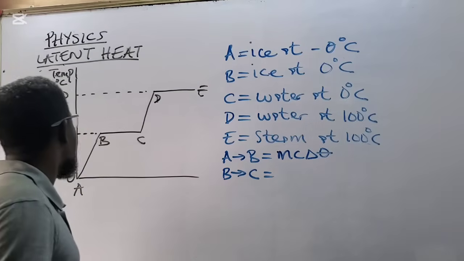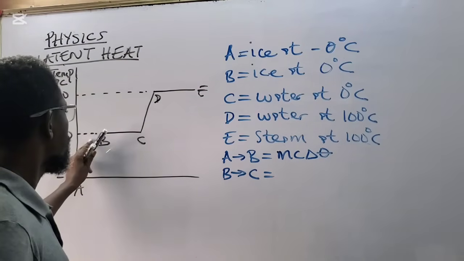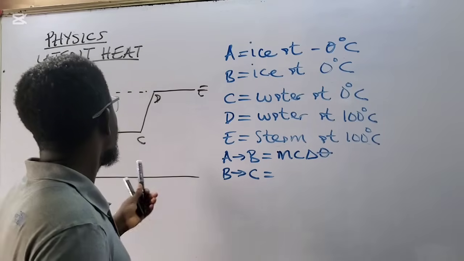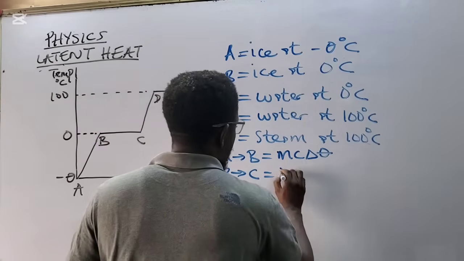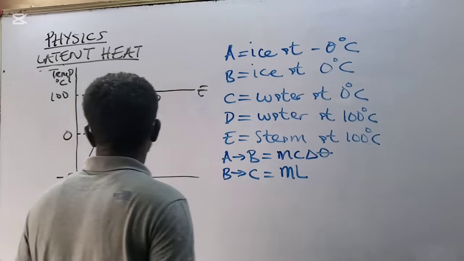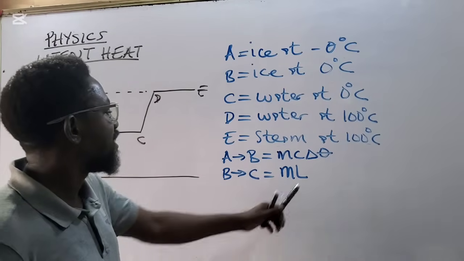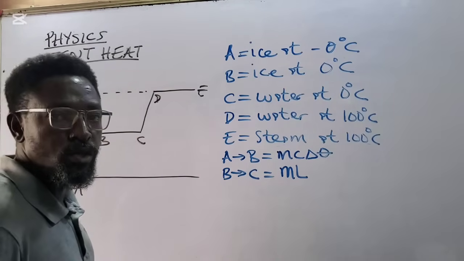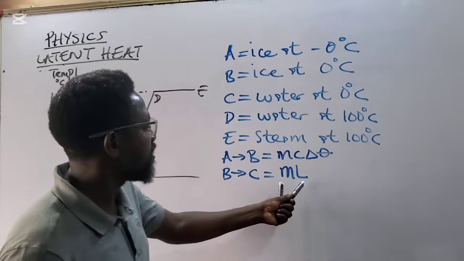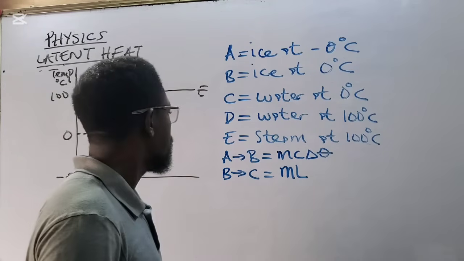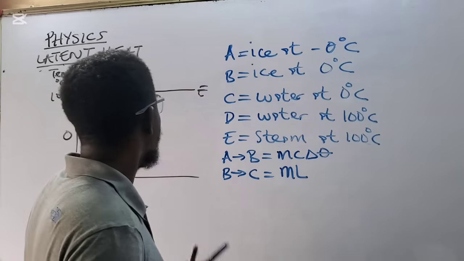Then for point B to C, if you have to convert ice at 0 to water at the same temperature, which is water at 0, the formula at that point is mL, where m is the mass of the ice and L is the specific latent heat of fusion of ice.